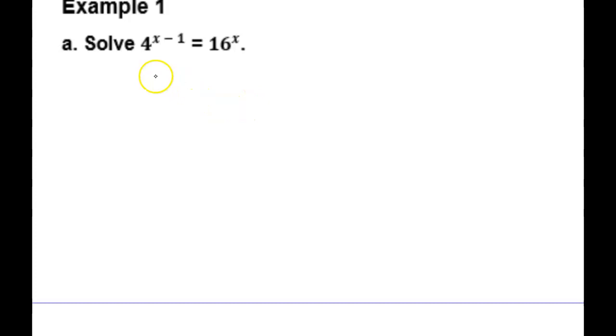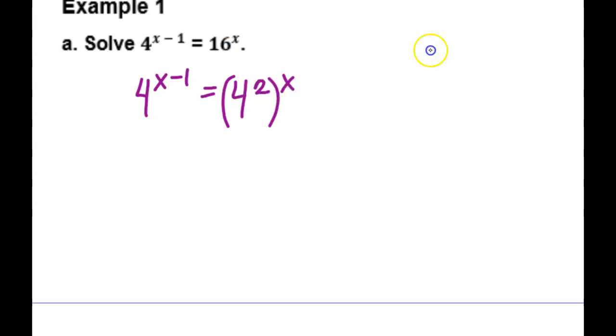Everybody okay? So I have 4 to the x minus 1. This could become a 4 squared, and then there would still be that x out there. Is everybody okay that just changing the 16 to a 4 squared? Now, what is the rule about numbers in this position?